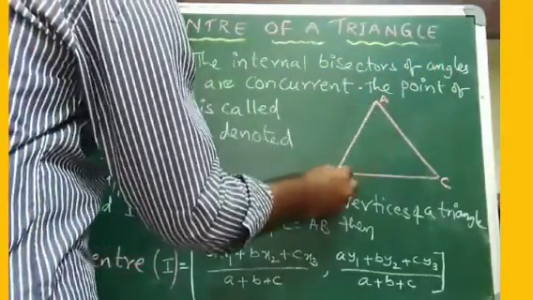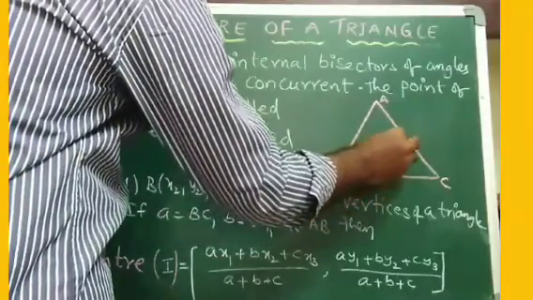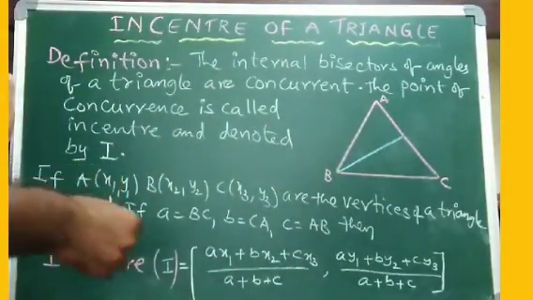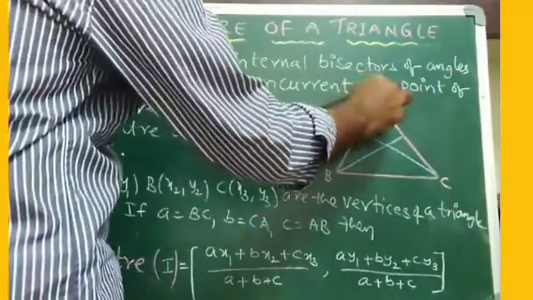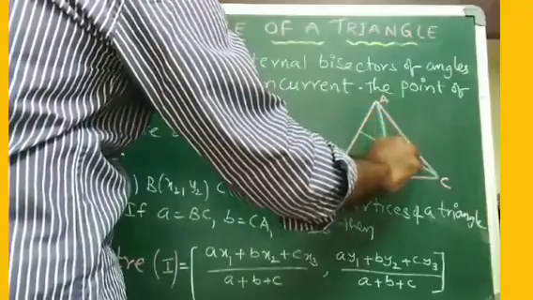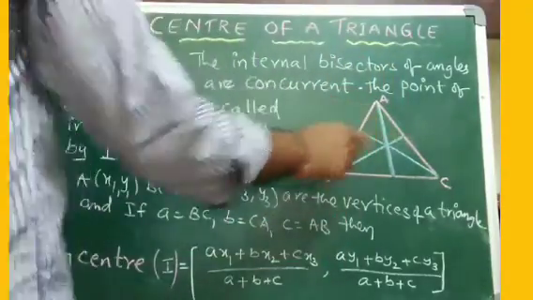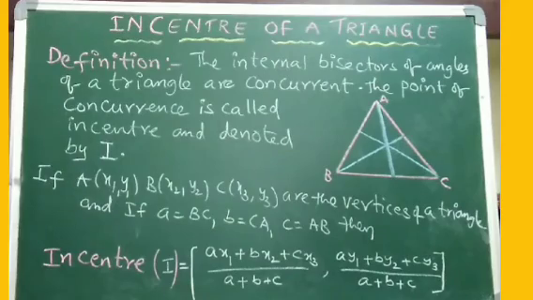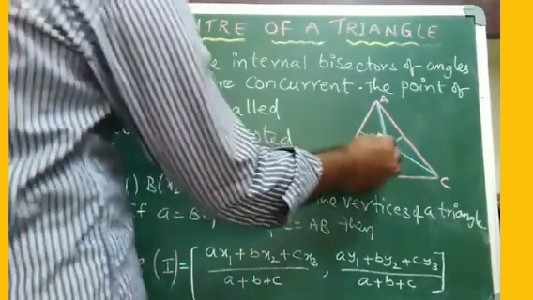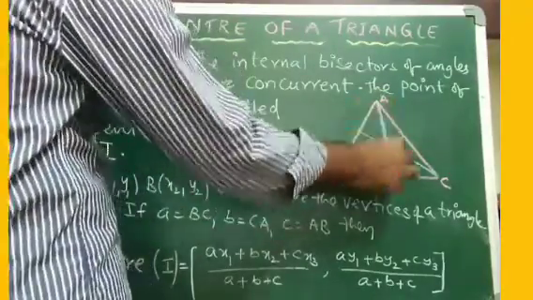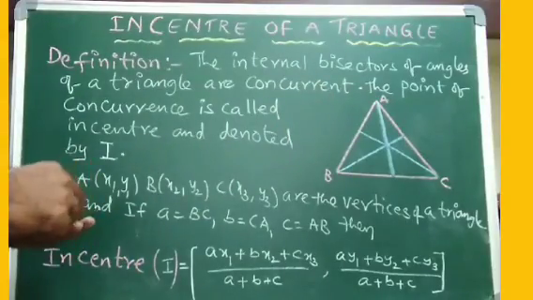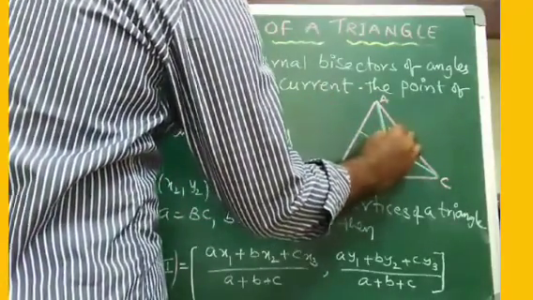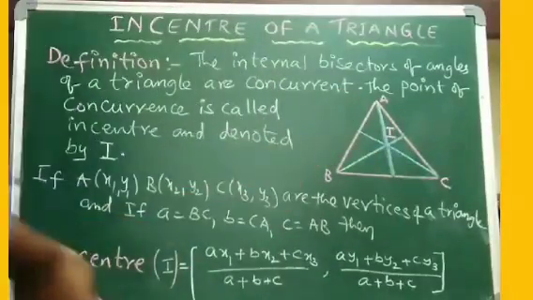Say this is the angular bisector of angle B. This is the angular bisector of angle C. Similarly, the angular bisector drawn from angle A. Now these lines are nothing but angular bisectors. These angular bisectors are also concurrent. See, three angular bisectors are passing through the same point. Hence, the point of concurrence is called the incenter, which is denoted by I.